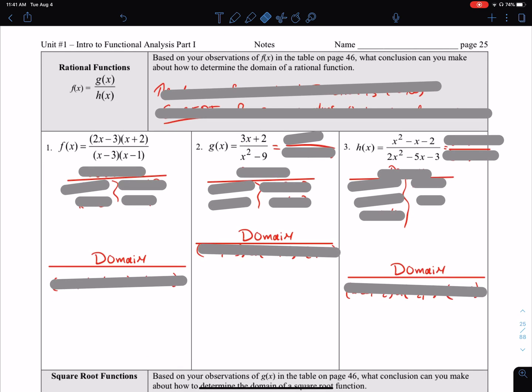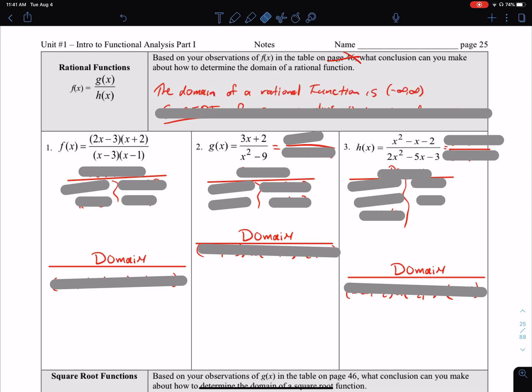Rational functions. A rational function is when you have variables in your denominator. Based on your observation of f of x in the table, it says page 46, but I think it's on page 23, not the right page number. What conclusions can you make about how to determine the domain of a rational function?